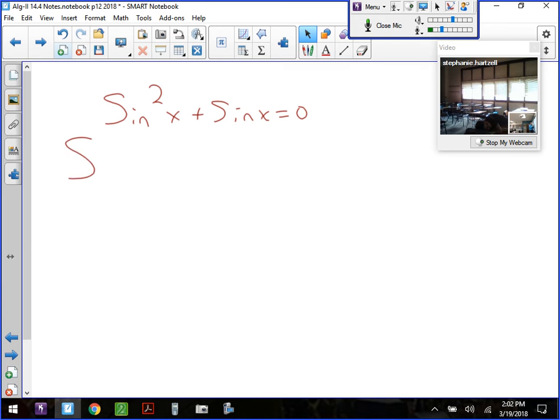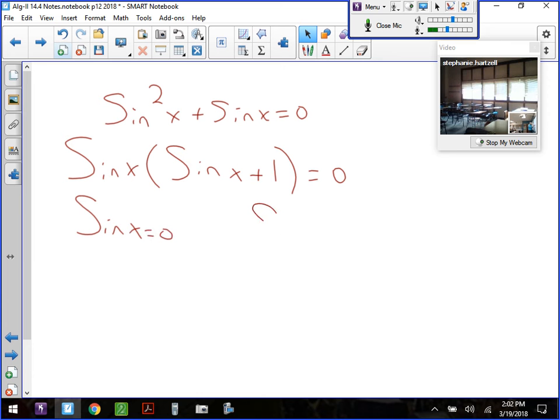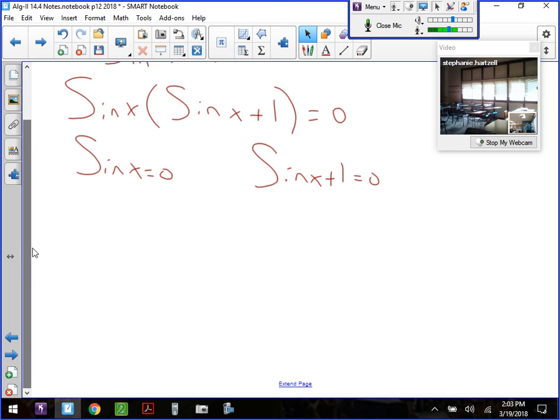So if I do that, I get sine of x times sine x plus 1 is 0. So now I can take both those 2 terms and set them both equal to 0. Sine of x equals 0, and sine of x plus 1 is 0. And then that means what angle has a sine of 0, what angle has a sine of -1.